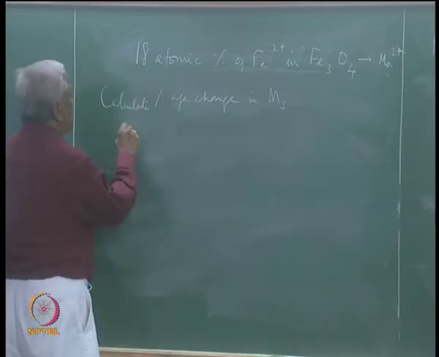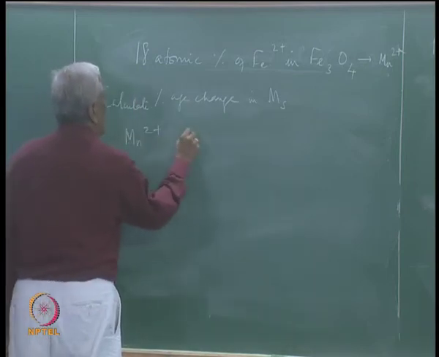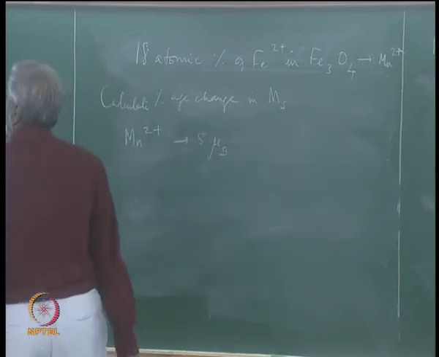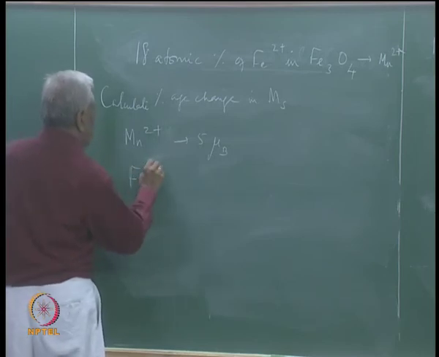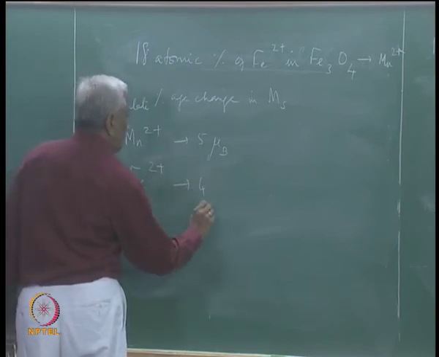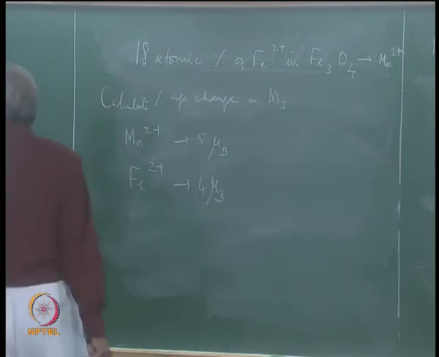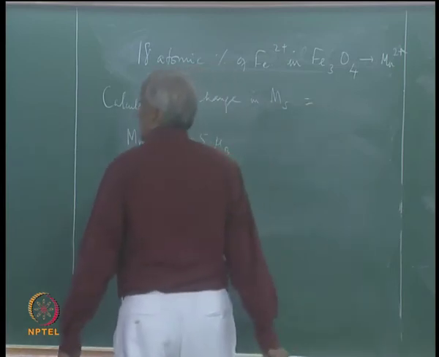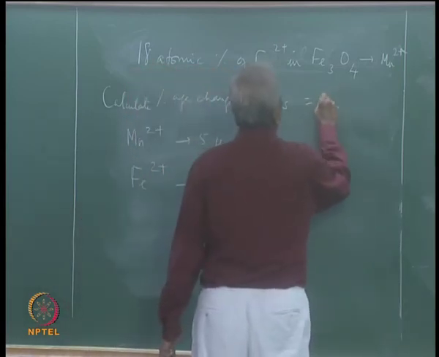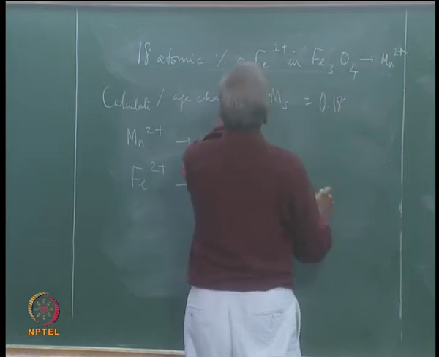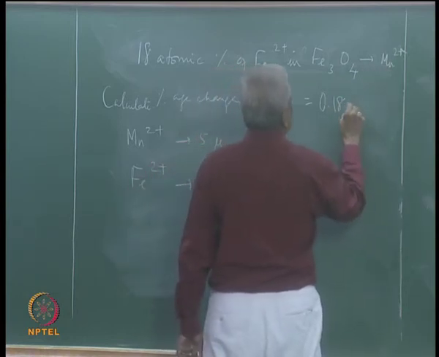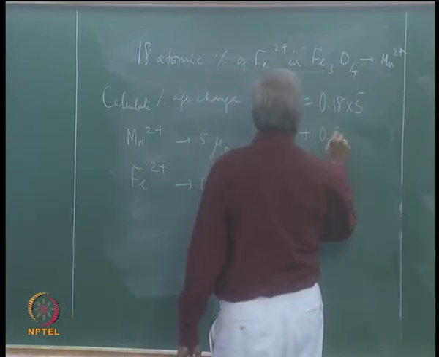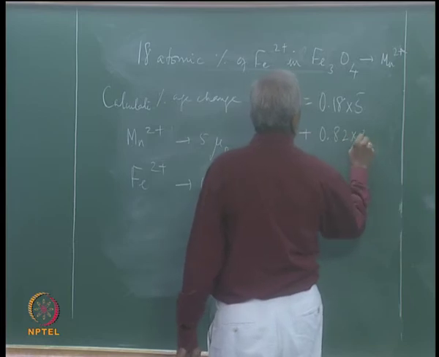Now, we know that the Mn2 plus ion has 5 Bohr magnetons, whereas iron 2 plus has only 4. So, the percentage change will be 0.18, which is the fraction of iron replaced by manganese, times 5 plus the remaining 0.82 times 4.